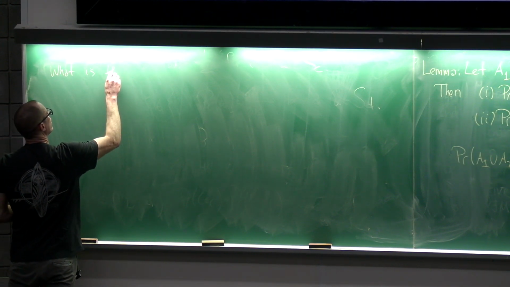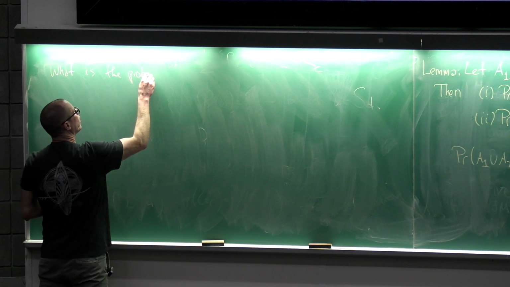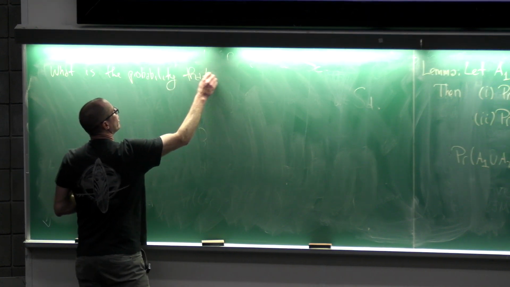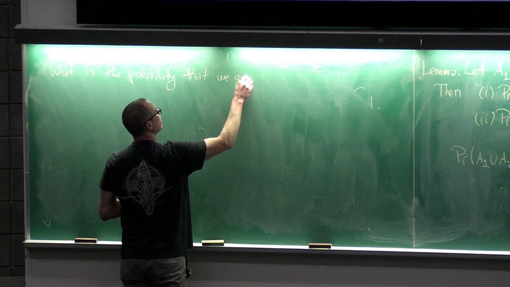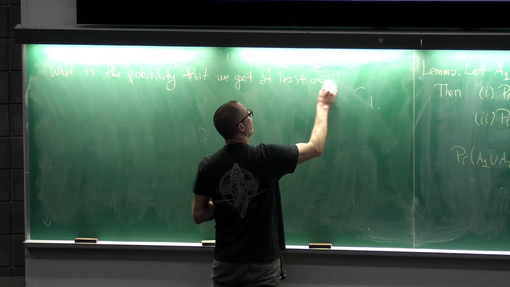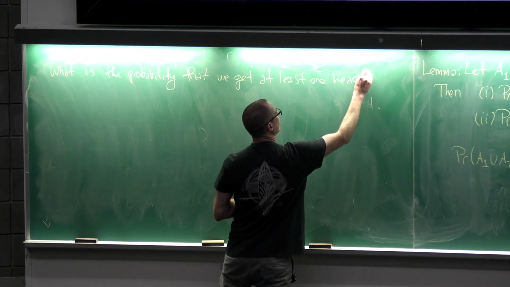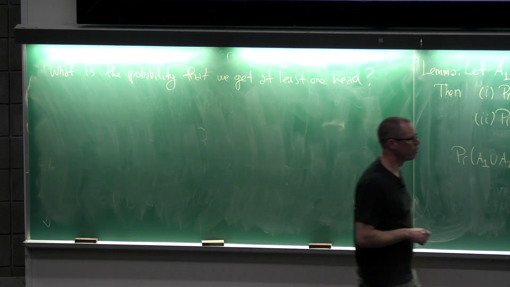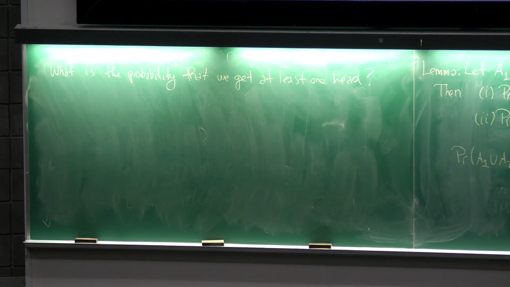What is the probability that we get at least one head? Toss the coin n times. What's the probability that the coin comes up heads at least once?